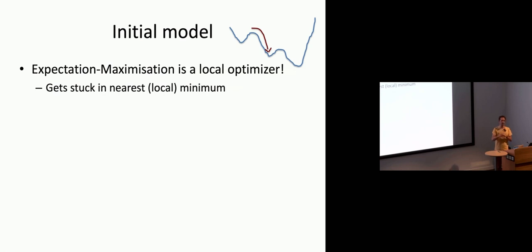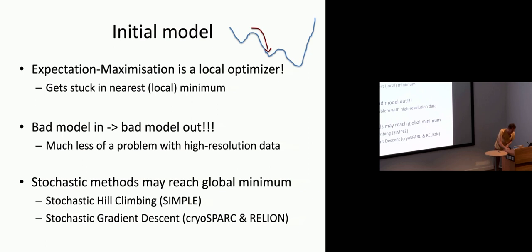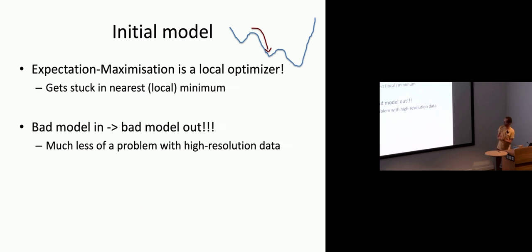And if you just start from random orientational assignments, which you could perhaps do if you don't know that Jan is an orange puppet, you could do random orientational assignments to all the particles and just hope for the best, then that tends not to work. Then you get something like bad model in, bad model out, and you'll just never get rid of that orange puppet. If you start with a blue ball rather than an orange puppet, you will not get to Jan's reconstruction. You will get stuck with something that looks like a blue ball.